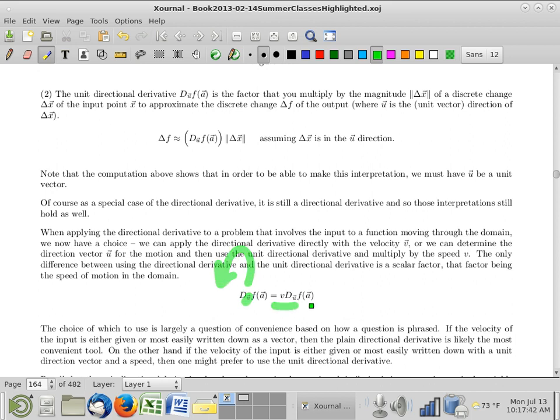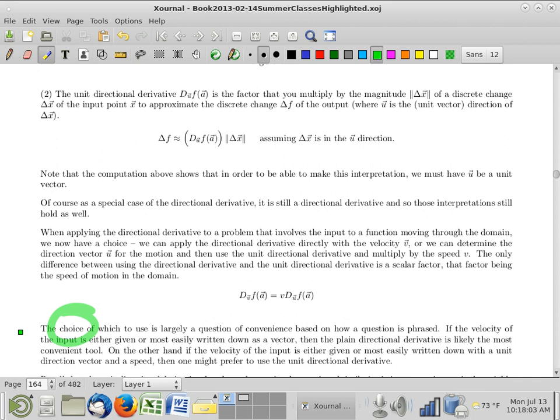Now, I'm going to show you some examples in a few minutes as to how to choose: in which situation should I use a directional derivative or a unit directional derivative? A couple of things to be aware of there.